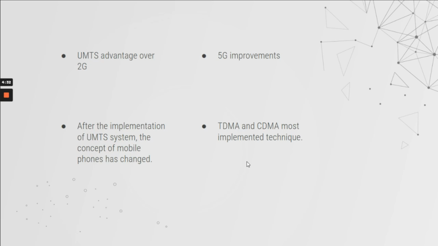Also, after the implementation of the UMTS system, the concept of mobile phone has radically changed, going from being a simple communication instrument to becoming a multimedia terminal with multiple communication and entertainment capabilities.